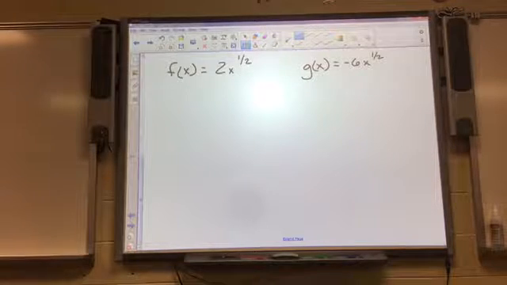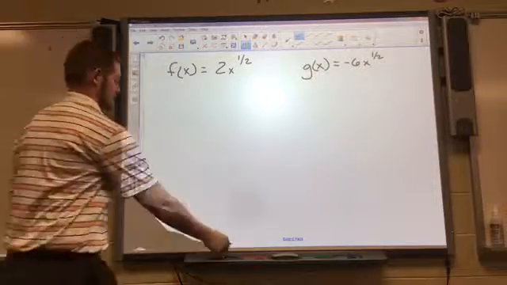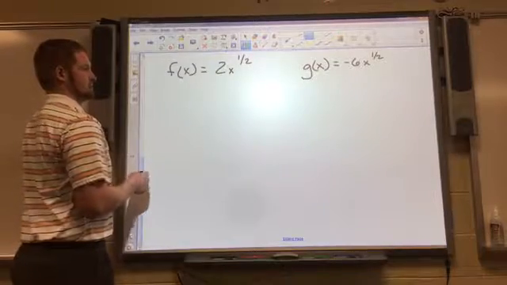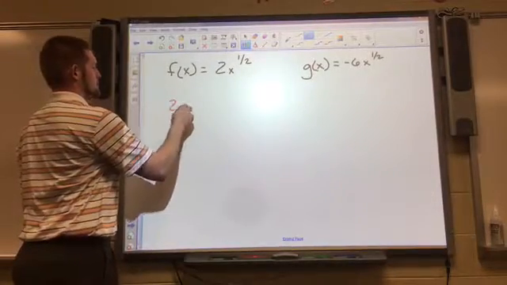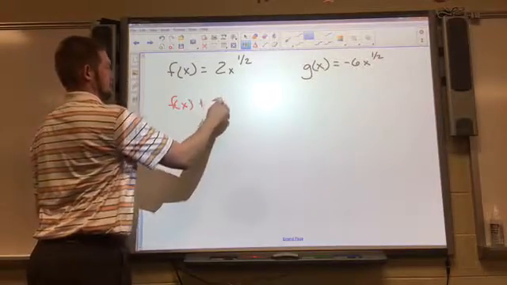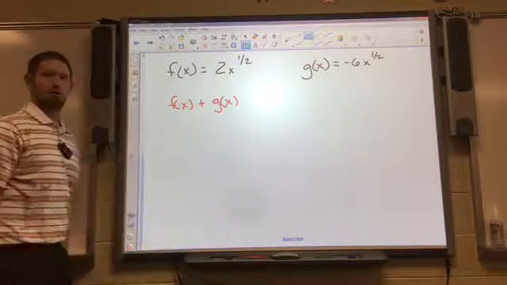We want to find the sum of the functions, the difference of the functions, and the domains of the sum of the functions. We'll get to that one in a second, talking about what domains are. The sum of my functions would be f of x plus g of x, right? That's the sum. We agree with that?